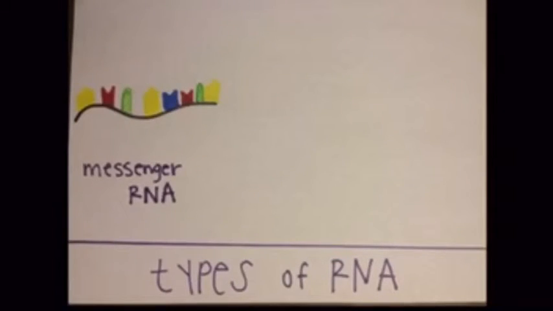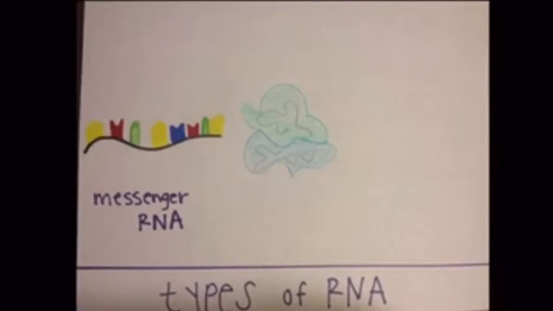There are 3 types of RNA. The purpose of mRNA is to take the protein code out of the nucleus without pulling the DNA out of the nucleus. mRNA will need to find a ribosome in the cytoplasm.